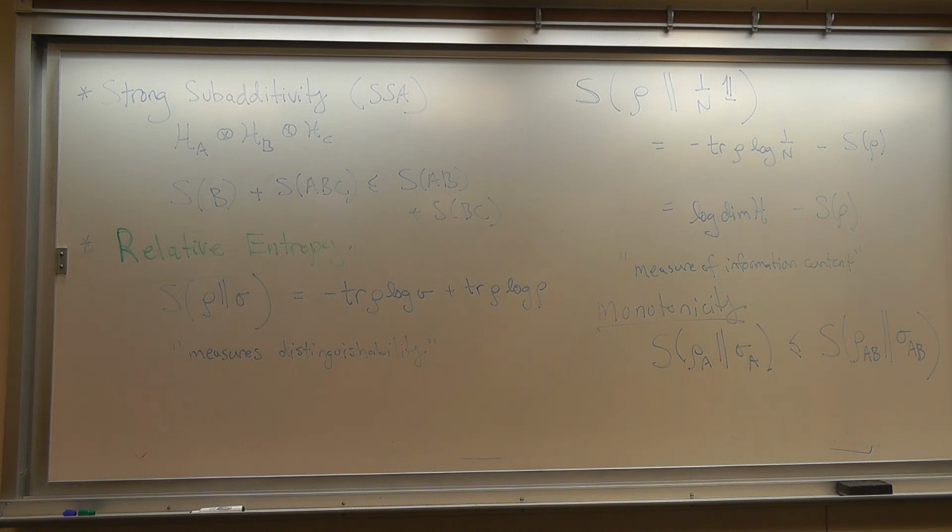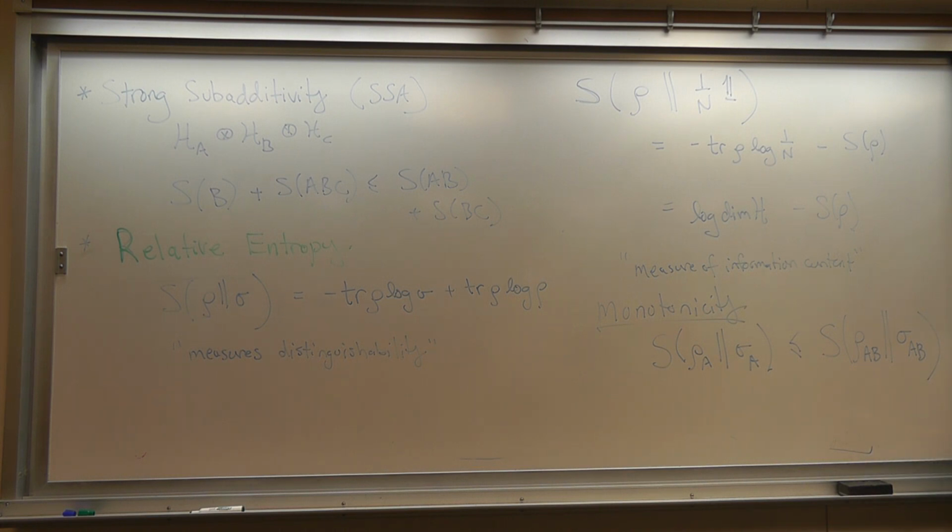This is kind of obvious if you believe me that the relative entropy is a measure of distinguishability. Because if I have states rho and sigma, and they're distinguishable, there's a certain difficulty to distinguish them. But if I just don't look at region B, it can only get harder to distinguish them. That's what this inequality says. So this is a very natural inequality.